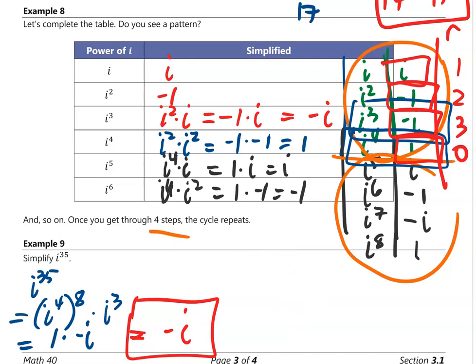Let's try another example here. How about i raised to, what do you want? 781. So all we have to do here is divide 781 by 4. What is the remainder?